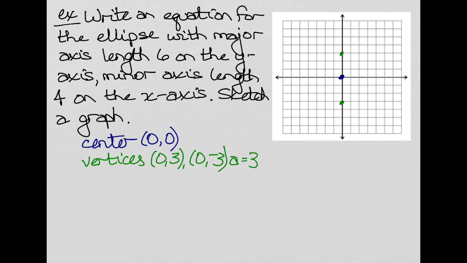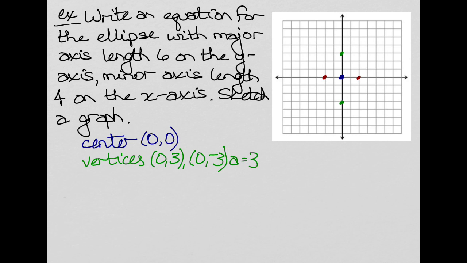The minor axis is on the x-axis, and its total length is 4, which means I'm going to go half of that each way, half to the left, half to the right, so that the total length of the minor axis is 4.